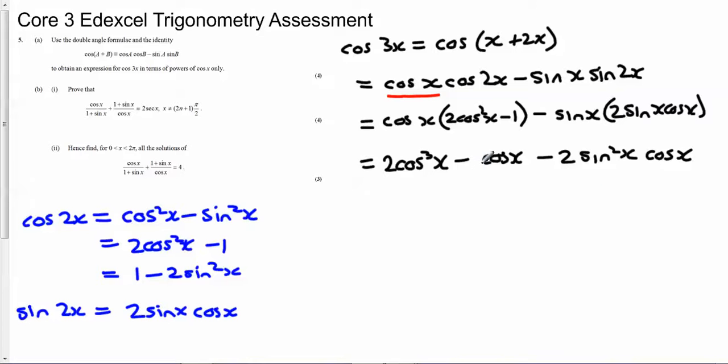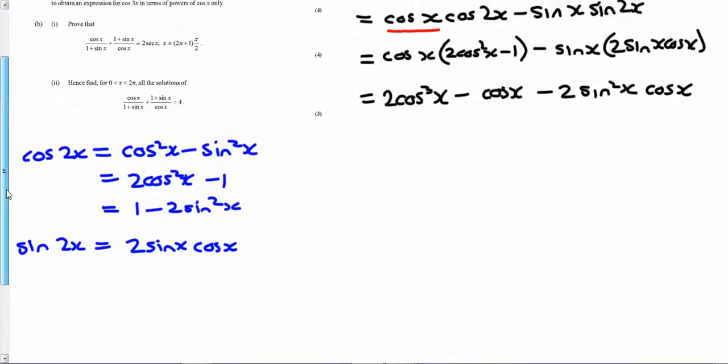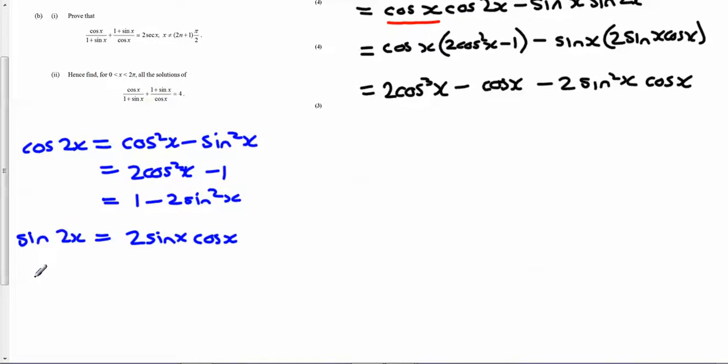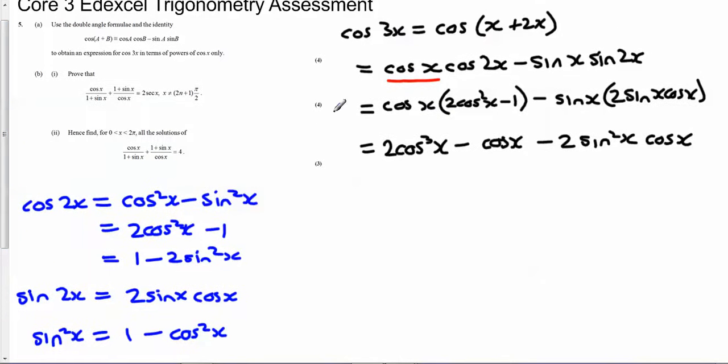The only problem now is we've got a sin squared, but hopefully you remember from C2 that we can express sin squared x as 1 minus cos squared x, because sin squared x plus cos squared x is equal to 1. So if we add that in as well, we end up with 2 cos cubed x minus cos x, and then we replace it with 1 minus cos squared x.